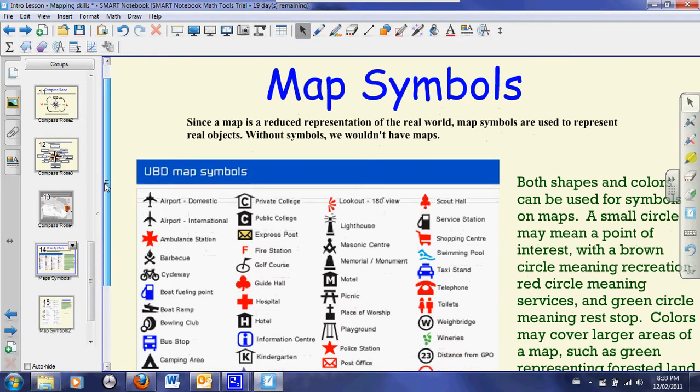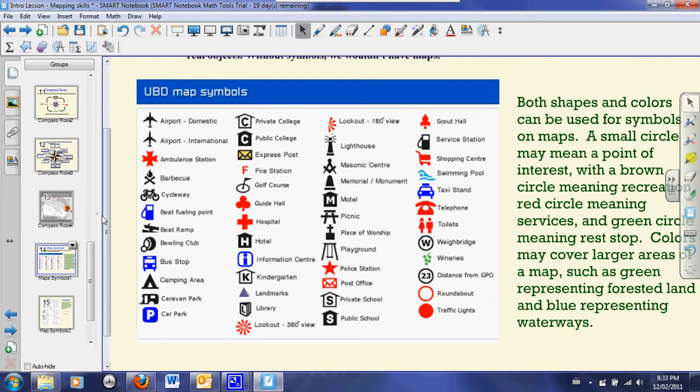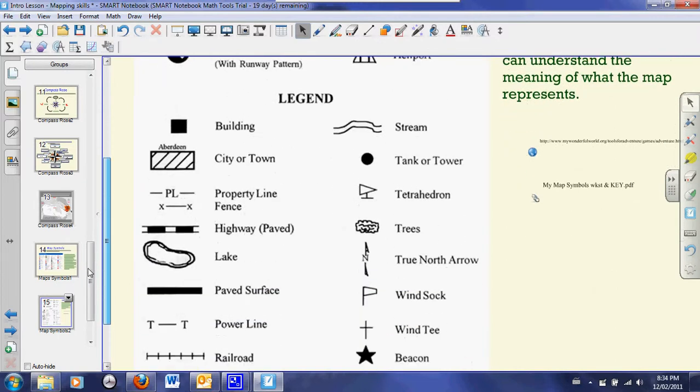Map symbols, of course, are a representation of the world. And I'll let you read this on the side here, but basically I'm focusing on the diagram here. Any symbols that a map uses will be in its legend. The next one, here's some more examples of map symbols.